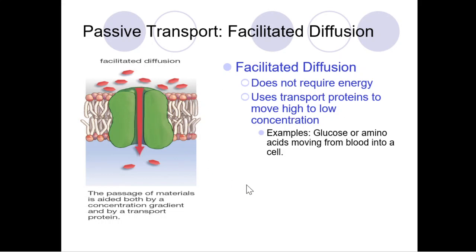So if it's a molecule that's big, and you can see this is actually glucose, then it's going to need a protein to help it go across because it's just too big to simply go out. Water goes out by itself. It's a small molecule. So examples would be glucose or amino acids moving from blood into a cell. So these two have facilitated diffusion, which requires no energy, but they just need a helper to make a hole in the membrane for them because they're just too big to fit.